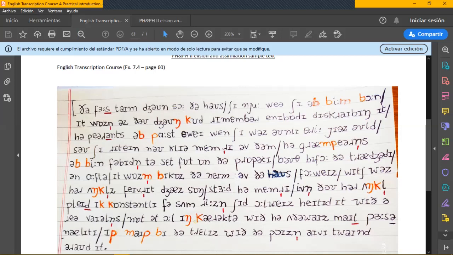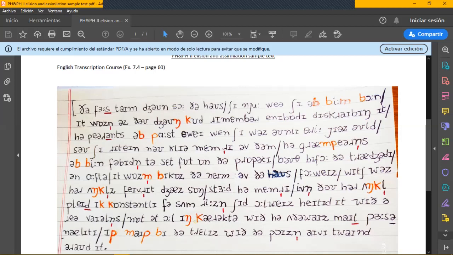The final voiced alveolar nasal has been assimilated into the voiced velar nasal because it's under the influence of another voiced sound.